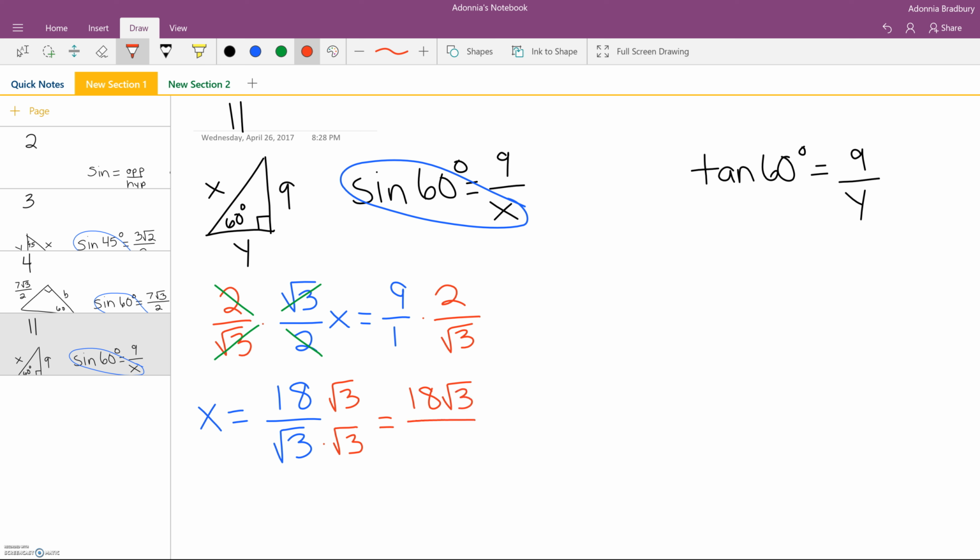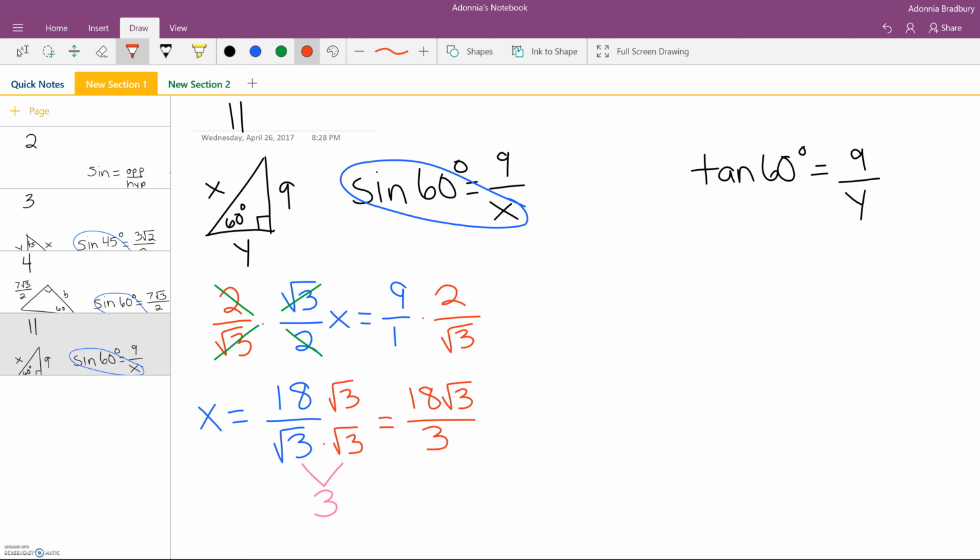And then remember, when we have two radicals in a multiplication problem, if we have the same number, 3 times 3, those two radicals are actually going to give us one whole number of 3. So we're actually going to have a whole number 3 on the bottom now, once we multiply that out to get rid of our radical.